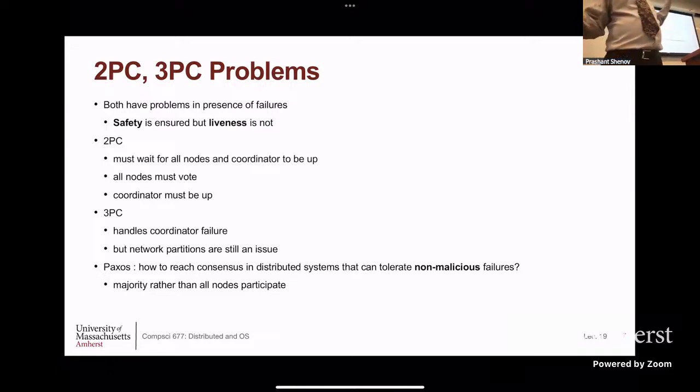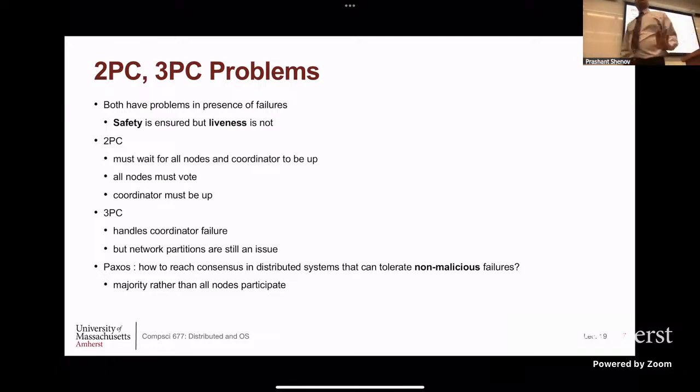So if you go back to 2-phase commit, you will see that they have safety property but not liveness property. Safety property essentially means in 2-phase commit, what does bad mean in this case? Bad means you don't want some processes to end up with an abort and some with a commit. Then you violated atomicity.